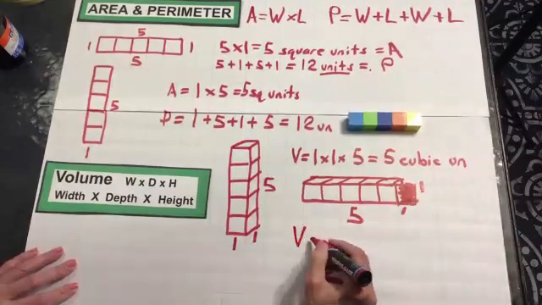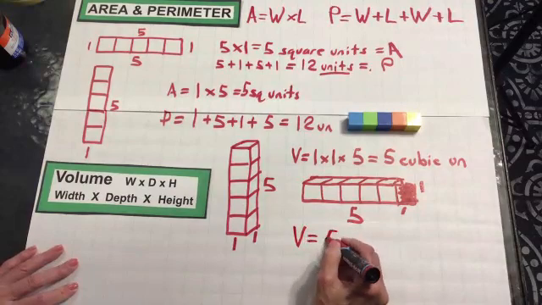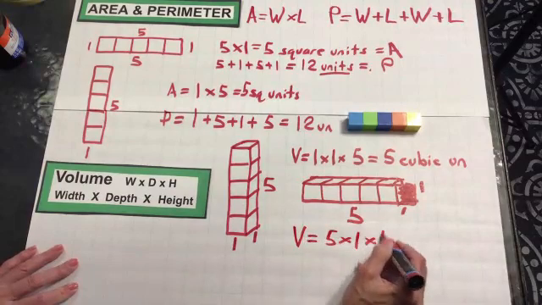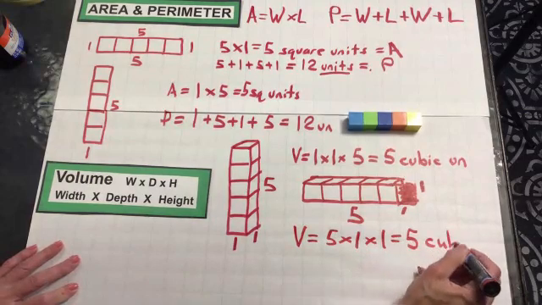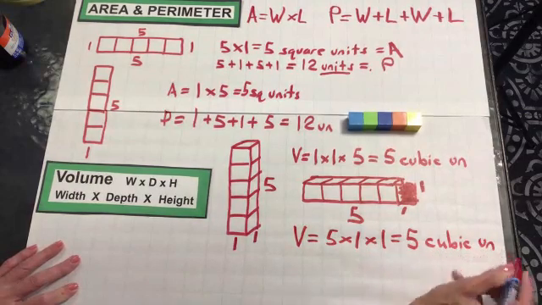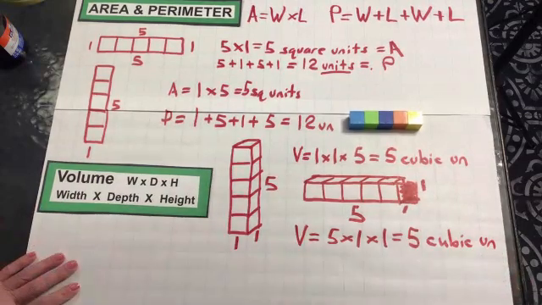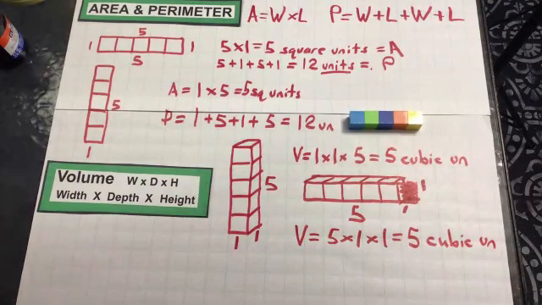So this volume would be 5 times 1 times 1 equals 5 cubic units. And I'll leave that out there for a few seconds.